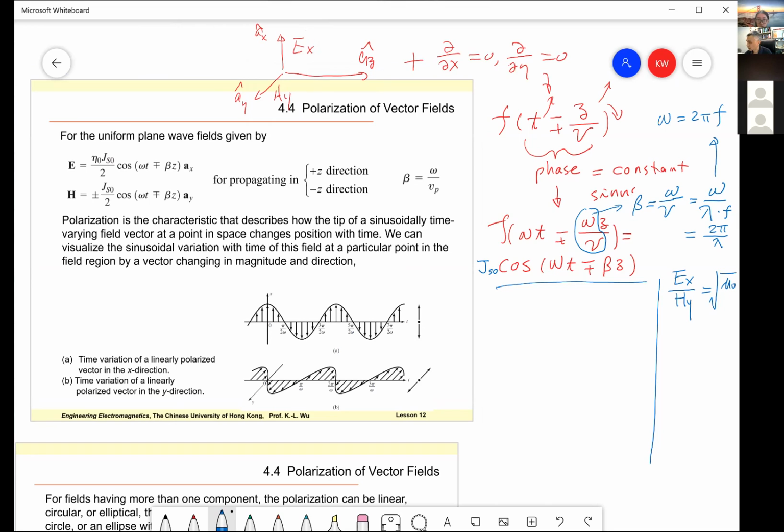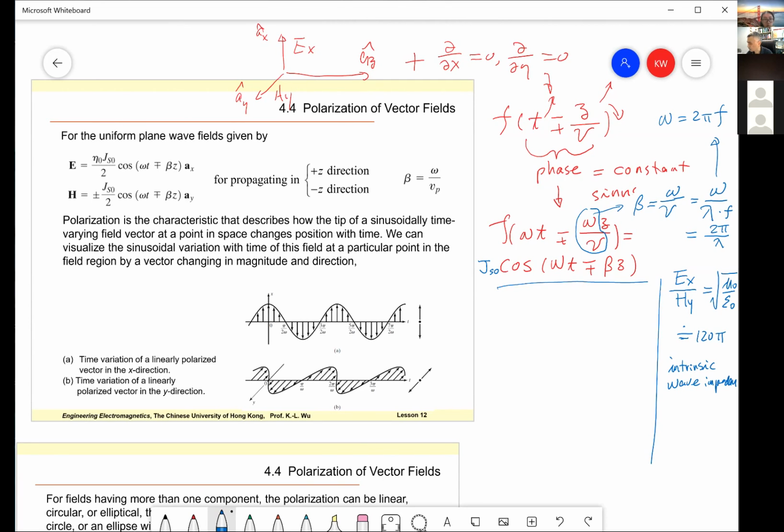This constant can be approximately equal to 120 pi. We gave it a name, because this is called the intrinsic wave impedance, eta.